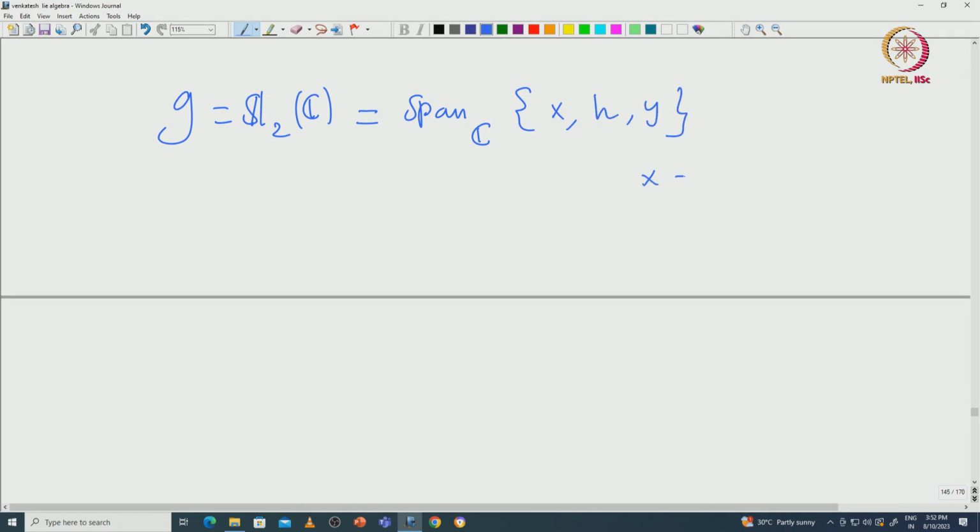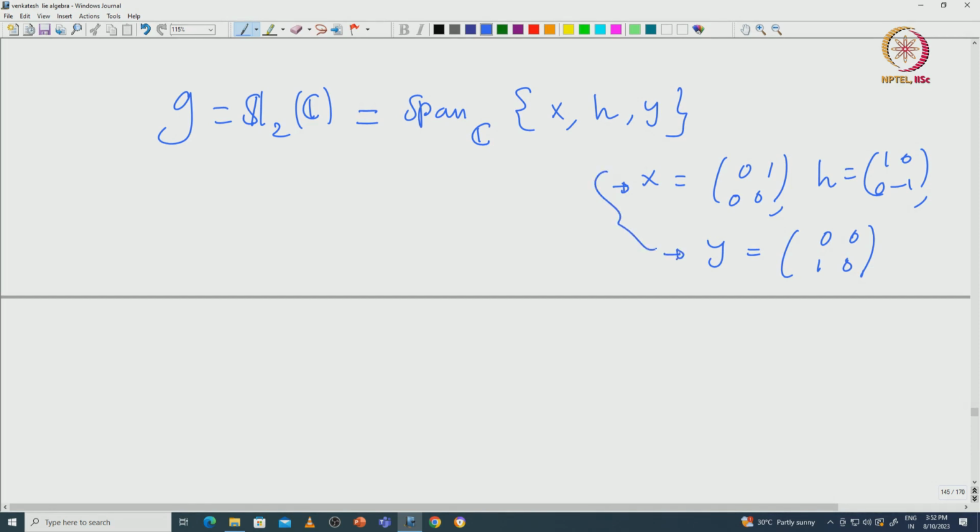Okay. Recall x is nothing but 0 1 0 0 and h is nothing but 1 0 0 minus 1 and y is nothing but 0 0 1 0. As elements of M2 of C, this x and y are both nilpotent. Okay. These two are nilpotent.